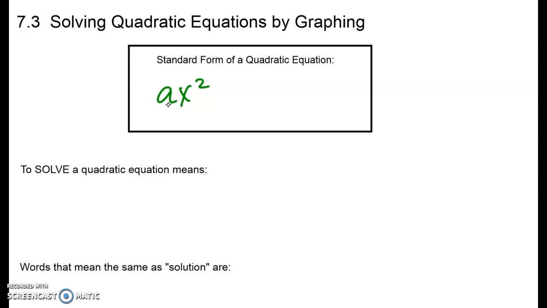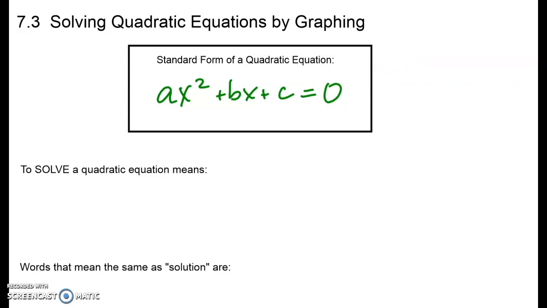As soon as a is 0, 0 times x squared, the equation no longer has a squared in it then. Plus bx plus c equals 0. Notice that here we sometimes write y. If we're talking about standard form of a quadratic equation, standard form has it equaling 0. So y we know is 0 in standard form.